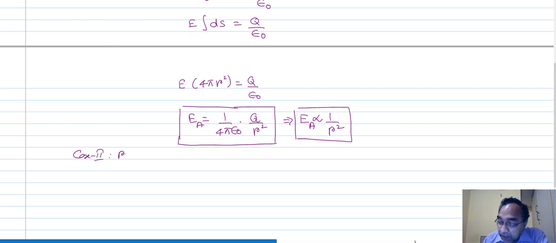That is when R is equal to radius, that is at B. Put the value of R is equal to R. So therefore directly we can say E at B is 1 by 4 pi epsilon naught q by r square directly. So from this we can say E is constant.